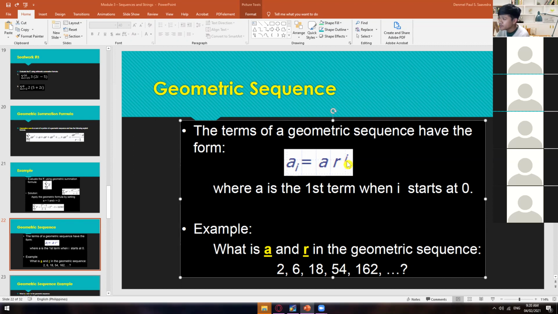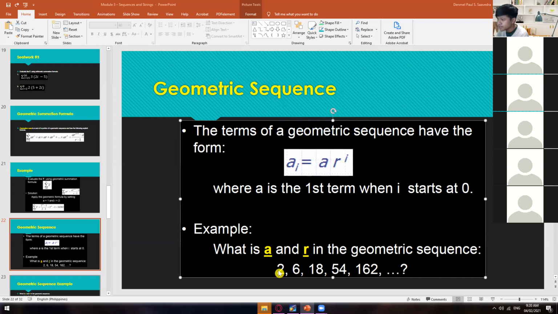And then raised to 0. Any number that is raised to 0 is 1. So 2 times 1 is 2, giving us the first term. If we have the second term, which is raised to 1, 2 times 3 raised to 1 is 6. And the third term is 2 times 3 raised to 2, wherein you will get 18, and so on and so forth.